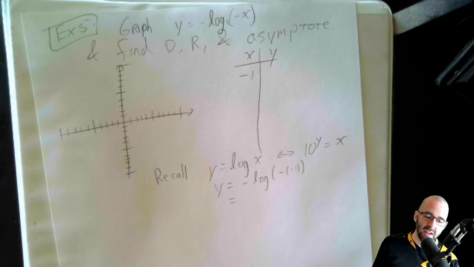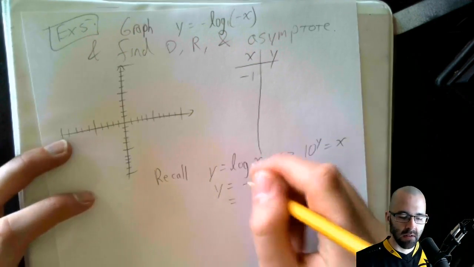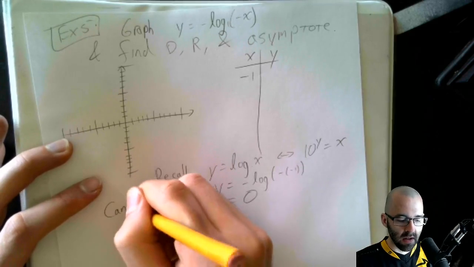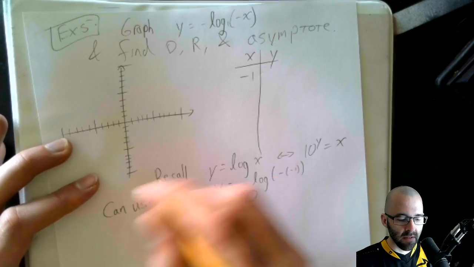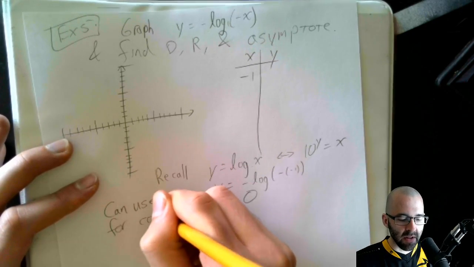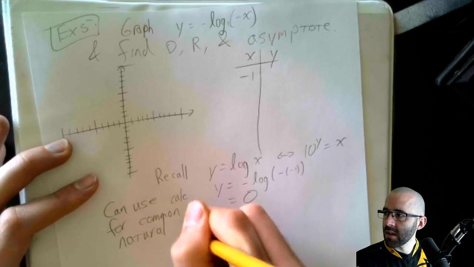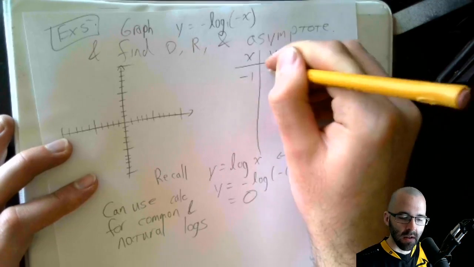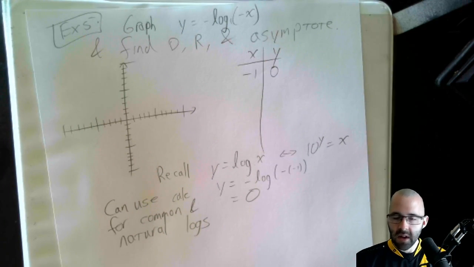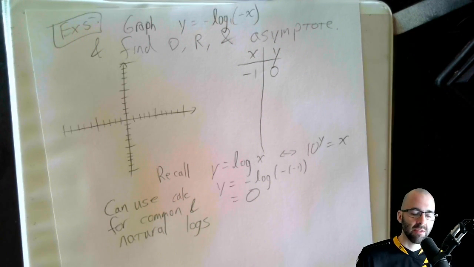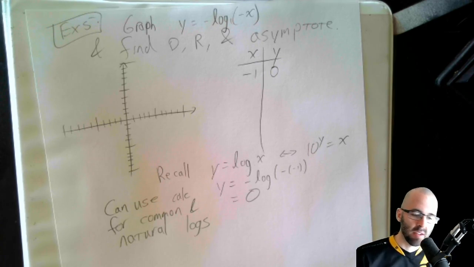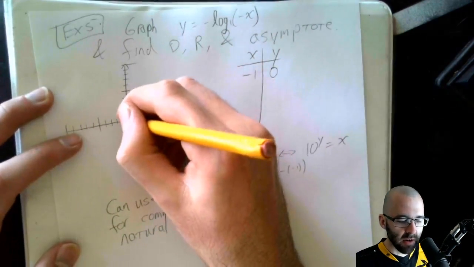If you type that into your calculator, it'll give you 0. Right? Can use a calculator for common and natural logs. Later on, we'll also show you how to use your calculator for anything. That'll be on Monday. So you just plot the point, -1, 0.